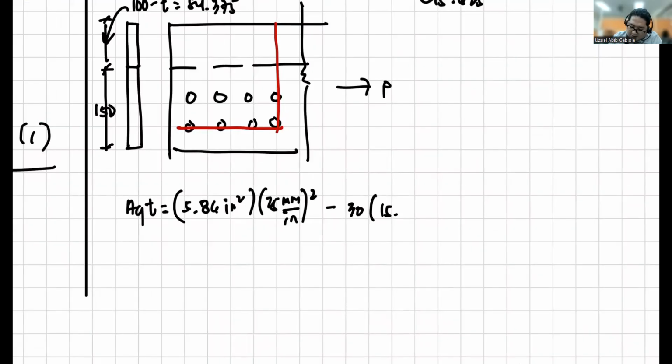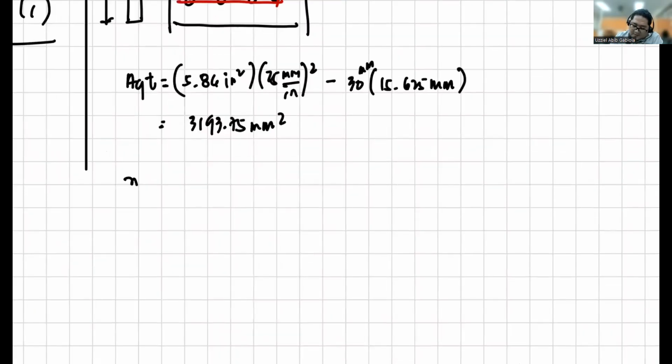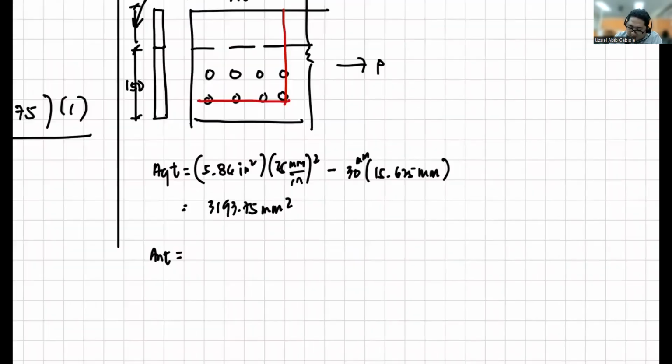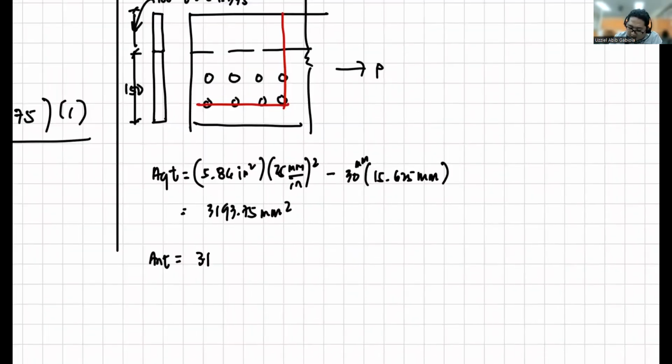Ito yung AGT natin dito. So 5.86, 25 squared minus 30 times 15.625. That is 3193.75 mm squared.